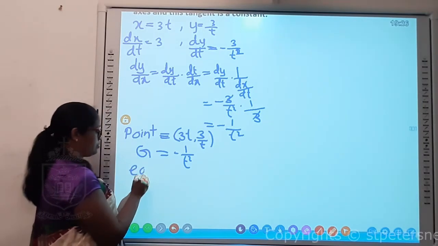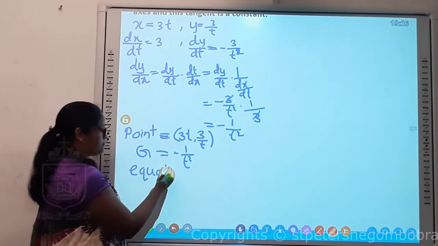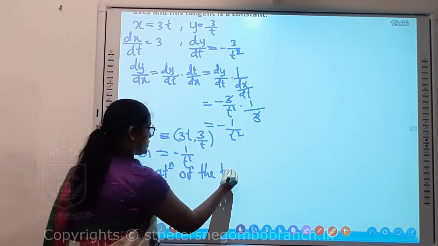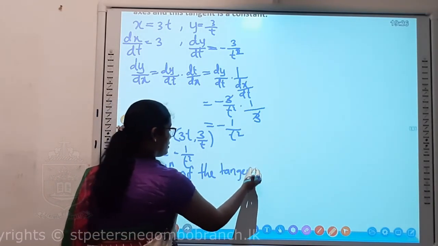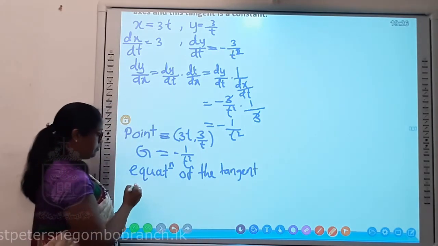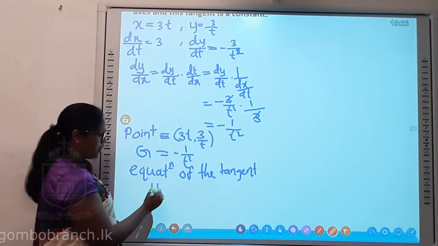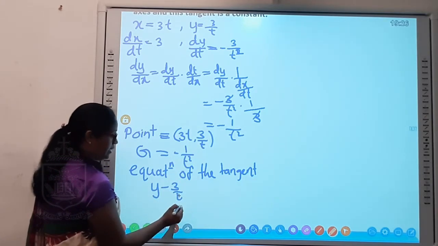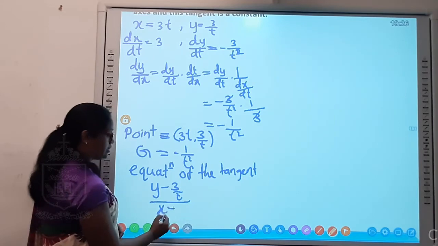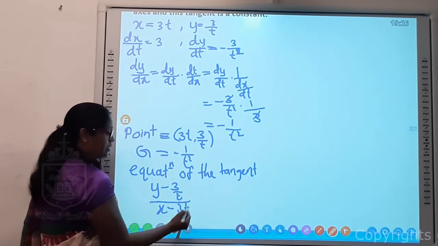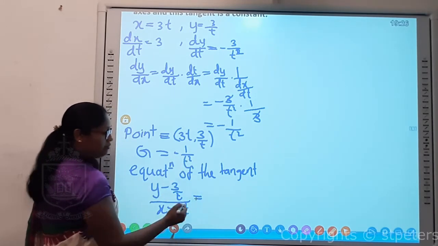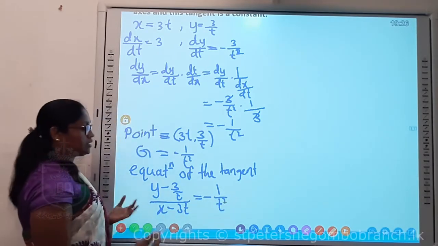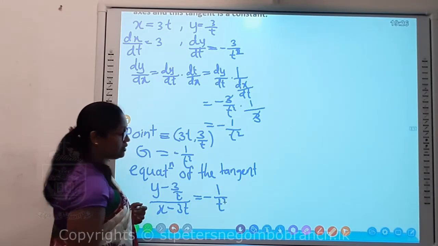The equation of the tangent, using the general point: y minus 3 over t, over x minus 3t, is equal to the gradient we found, minus 1 over t squared. Now just simplify this, we can have the answer.